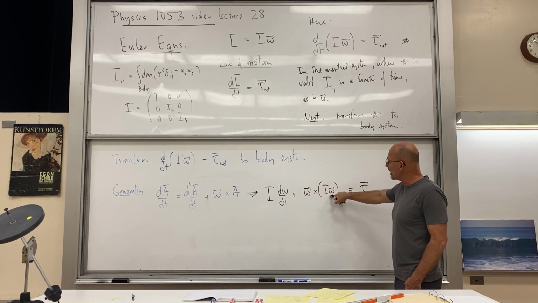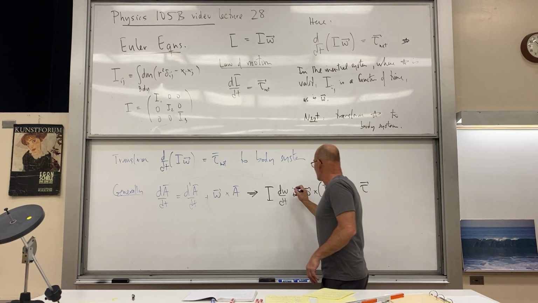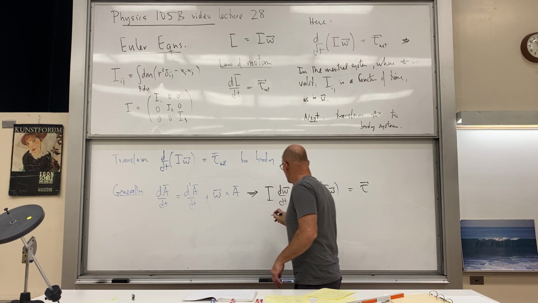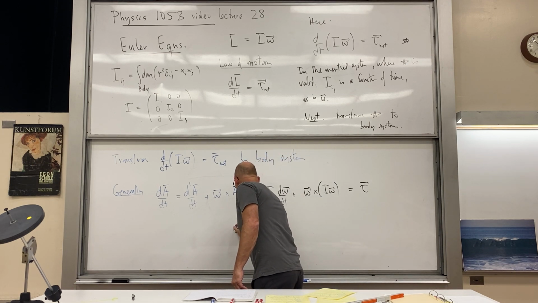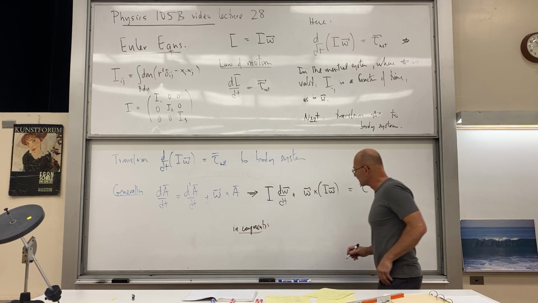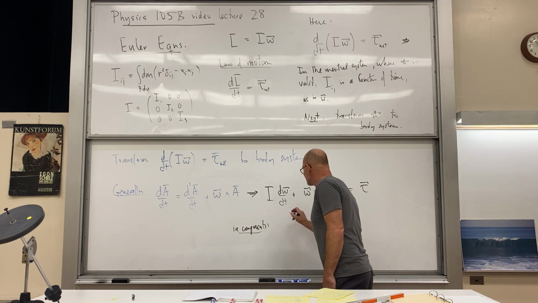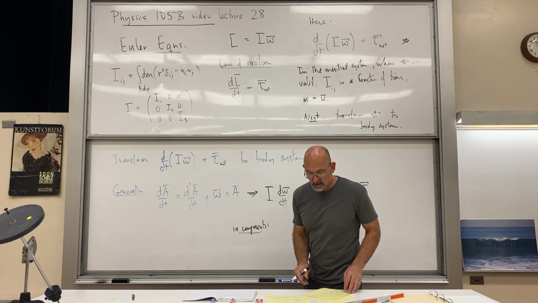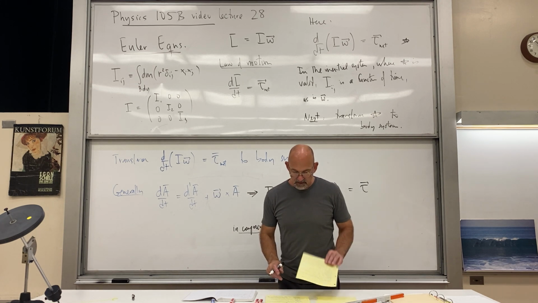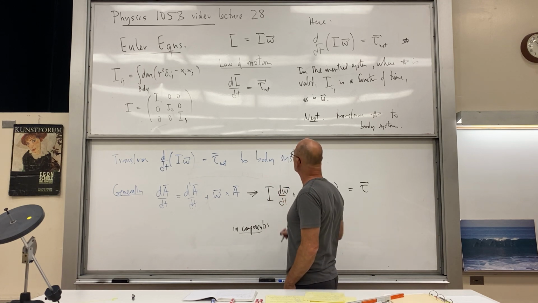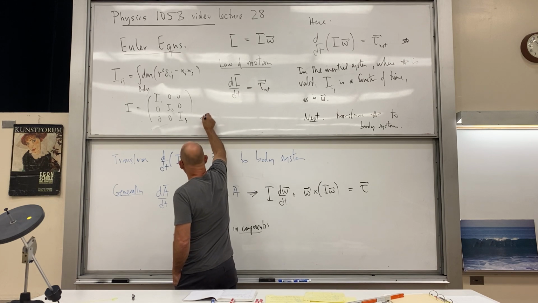So in components, once you write the first one down, you see what's going on, because then you can just cycle through them. This is diagonal, so we're using a diagonal inertia tensor.